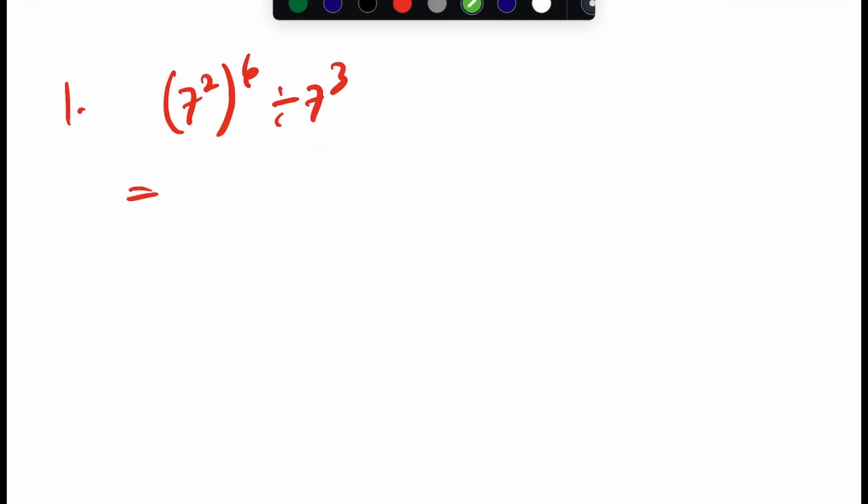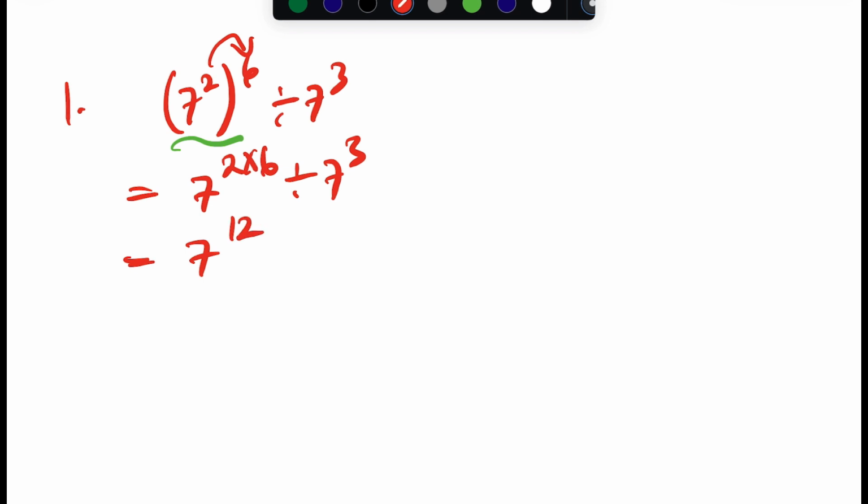We're going to focus here first. So we put the 7, and then we say 2 times 6, divide by 7 to the power 3. So it's going to be 7 to the power 12 divided by 7 to the power 3. You take one base there, and then you say 12 minus 3, which is 7 to the power 9.